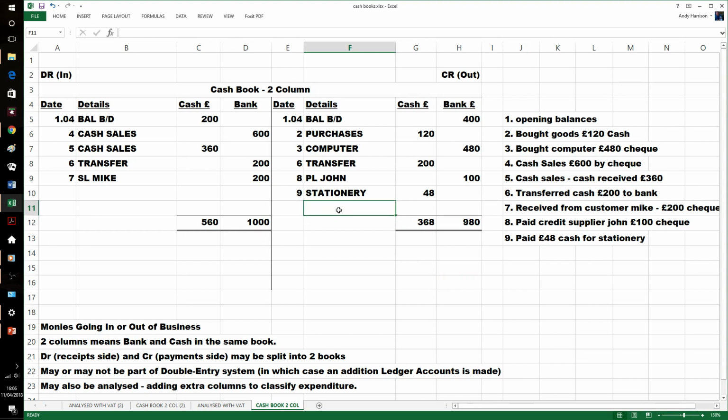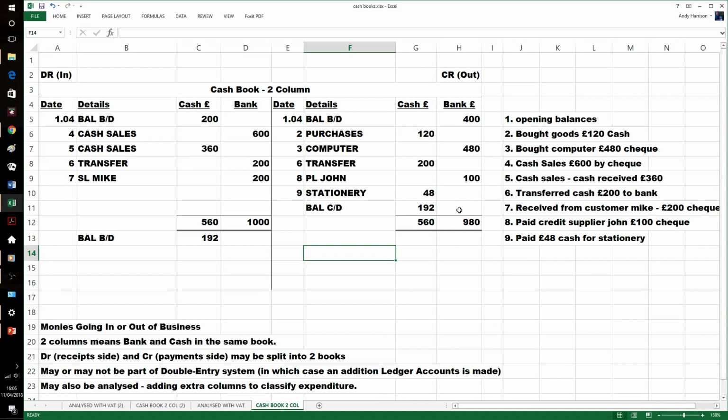So cash can only be carried down on the credit side. So we've got £192 worth of cash. Our bank account though can of course be carried down on either side.